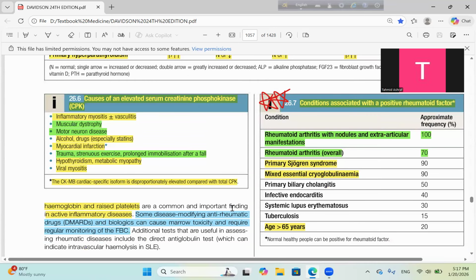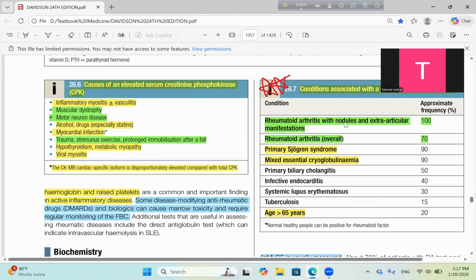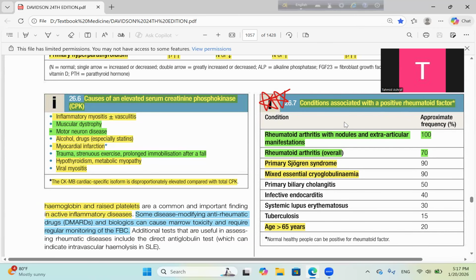So we will have to go through this box. Which conditions are associated with positive rheumatoid factor? First we will see in which conditions rheumatoid factor is 100% positive, every time positive.